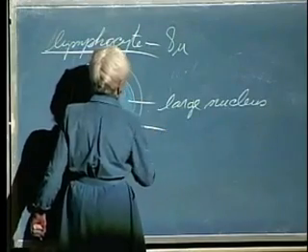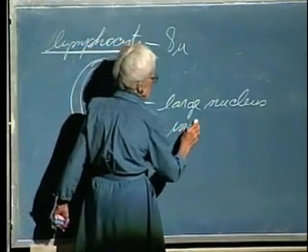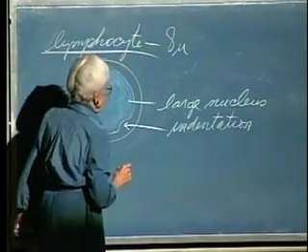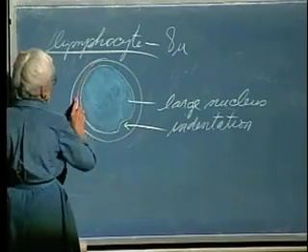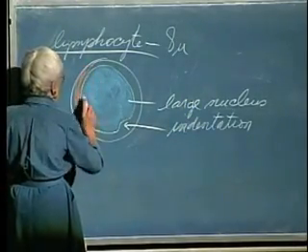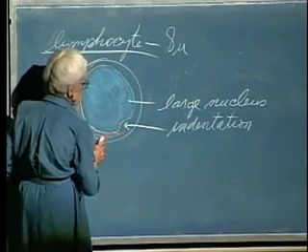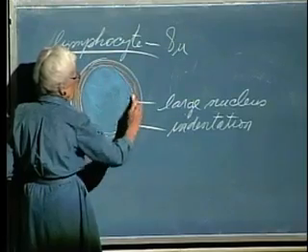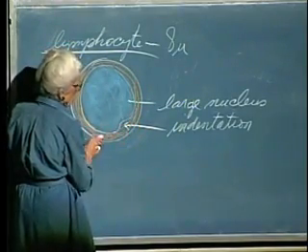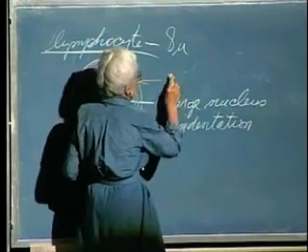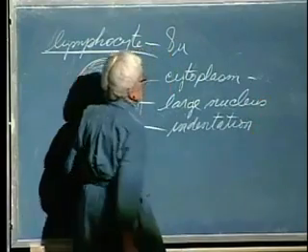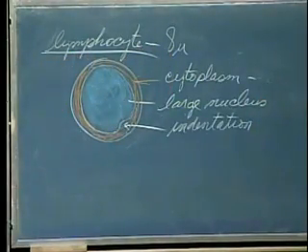And there's always a little indentation here. It's not abnormal. And it has just a simple rim of cytoplasm around the nucleus. Not lots, just very little. Simple cell. And these cells deal with antibody-antigen reactions.